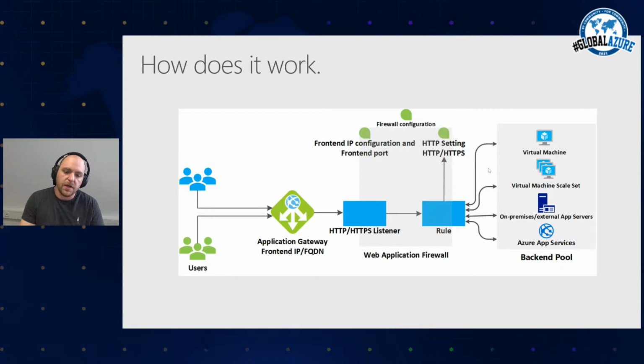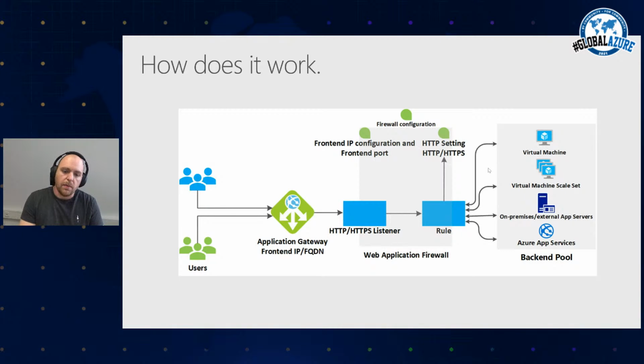So this application gateway gets the external IP address. It handles the domain, fully qualified domain name stuff, and just exposes your application to the public.